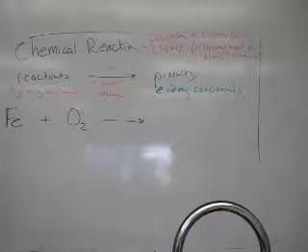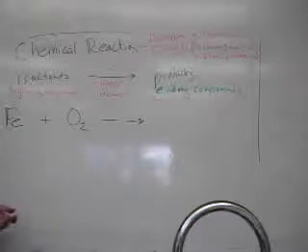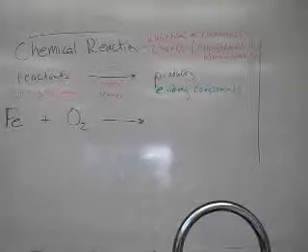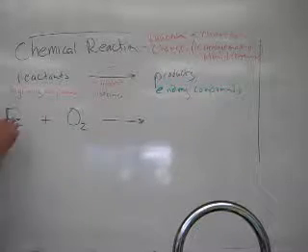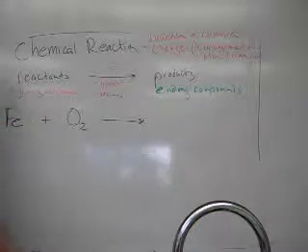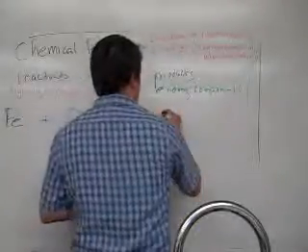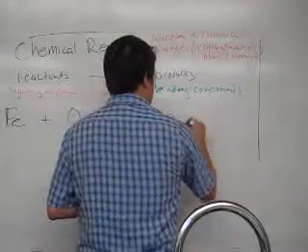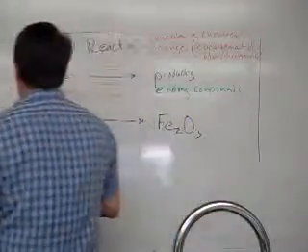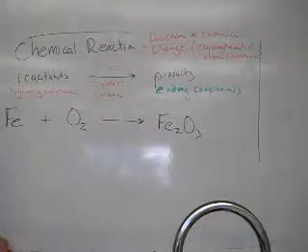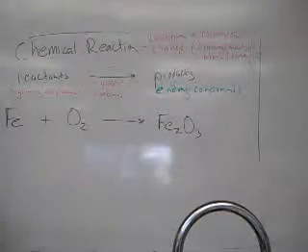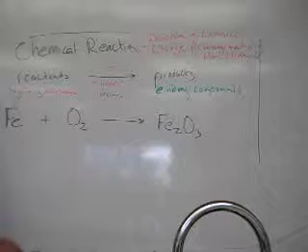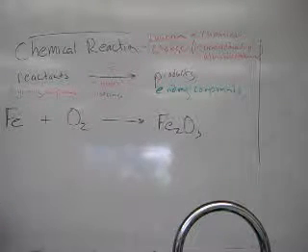You can see it's kind of getting a little bit rusty here. But the chemical reaction for that is that iron and oxygen combine to form a new compound, Fe2O3. So that's an example of a chemical reaction.